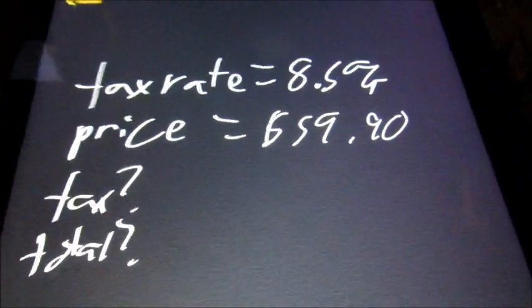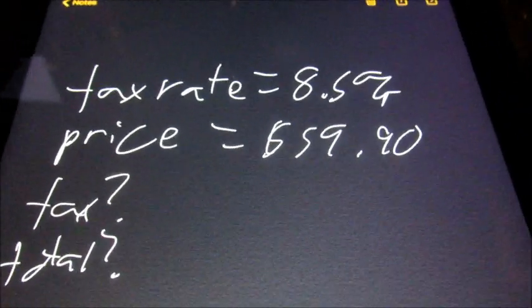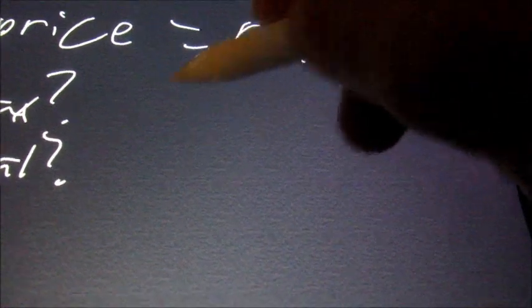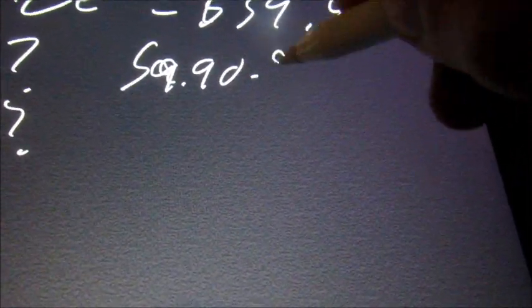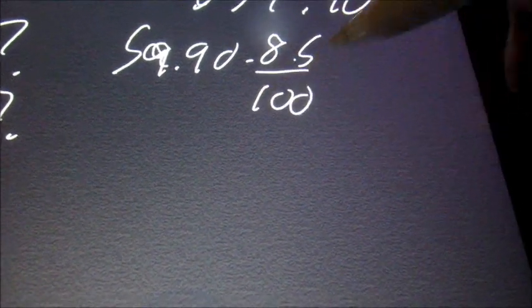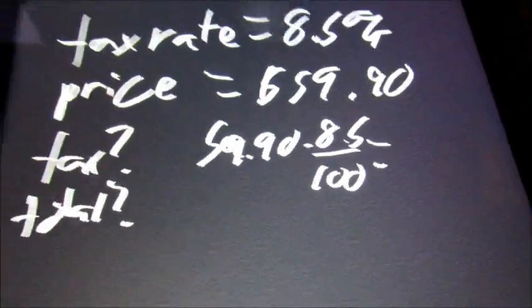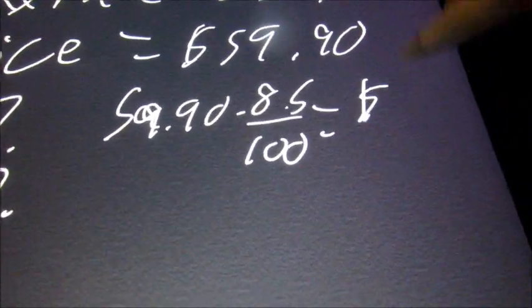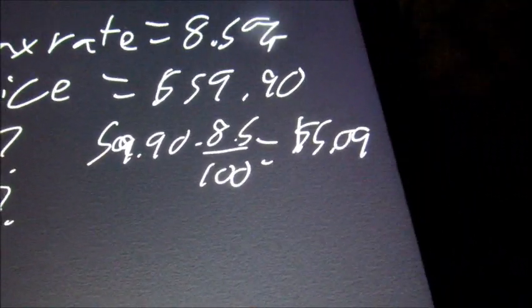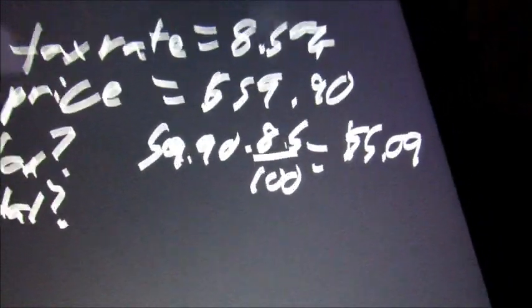To do this, first thing we're going to do is 59.90 times 8.5 over 100. And when we do this, we're going to get $5.09.